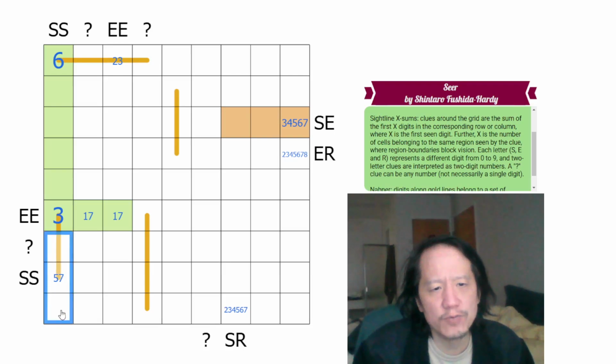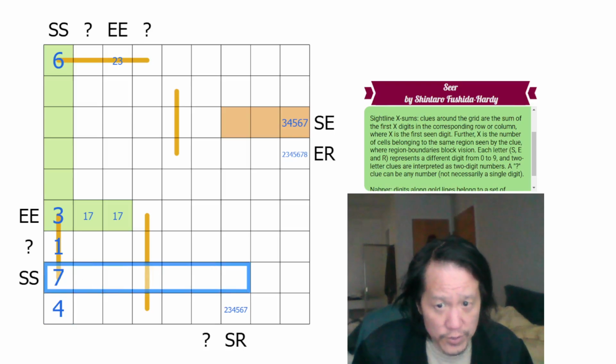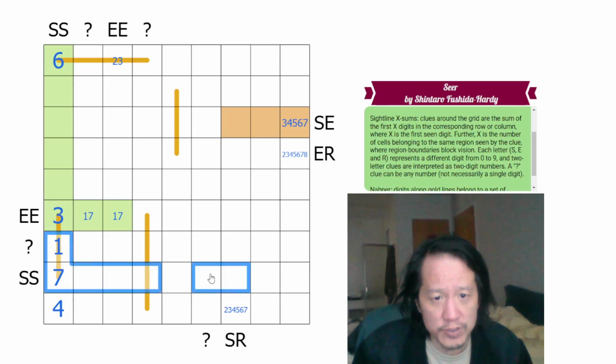Yeah, 1 and 7 would have to be here. So then this would have to be 1, 7, and 4 specifically. So this would be 1, this would be 7, this would be 4. This would be 33 adding up to that. We know it's 1, so therefore this would be specifically these.